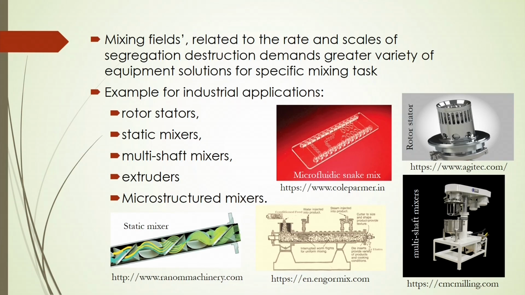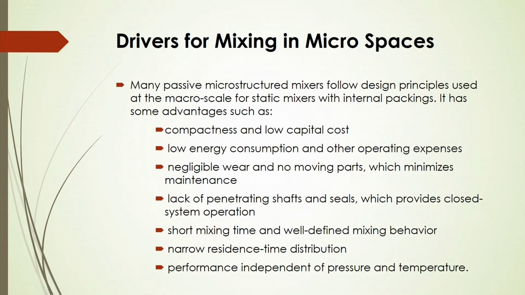So, these are the different device based mixing equipment for micro mixing in particular devices, and this is denoted by mixing fields, which is related to how the mixing will happen, what the effectiveness of the mixing will be, what the scales of segregation should be, and how the scales of segregation restrictions change the mixing pattern and mixing tasks in a particular microchannel based reactor.